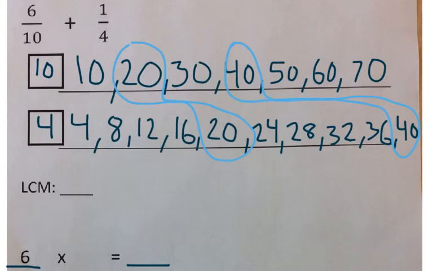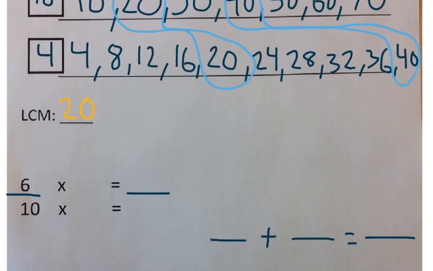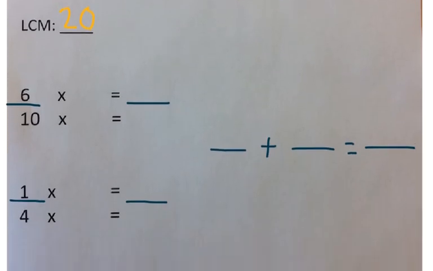Now we need to find the least common multiple, which is the lowest. So the lowest common multiple of 10 and 4 is 20. So we write 20 as the least common multiple, which is going to become our common denominator. So, since we have 20, we know that 20 is going to be a common denominator.